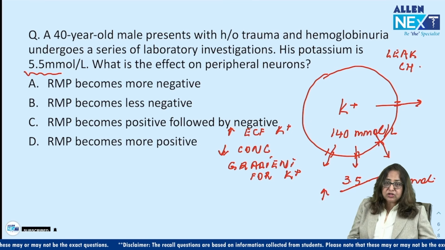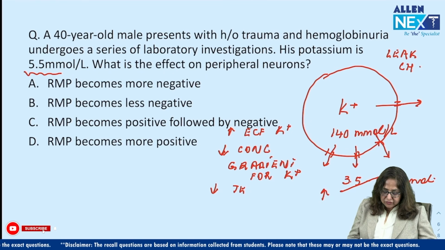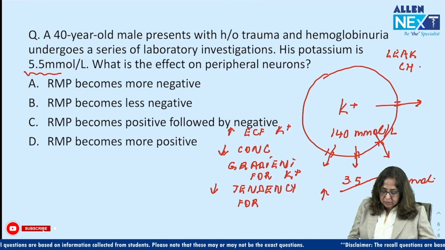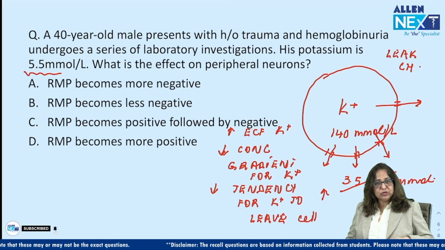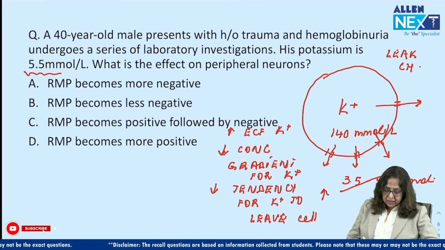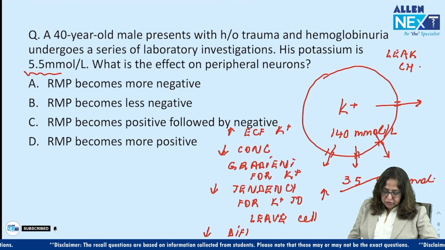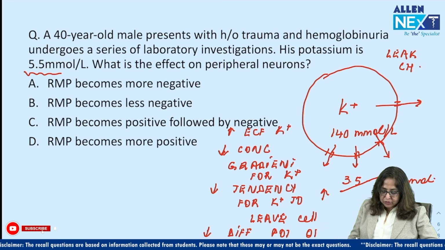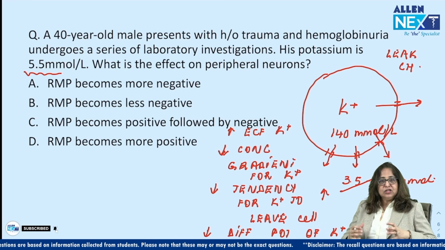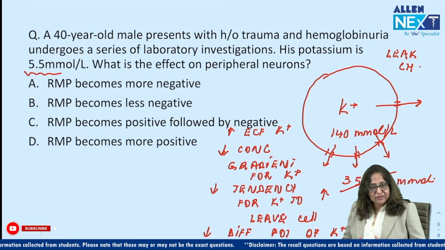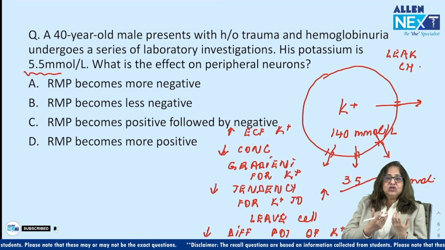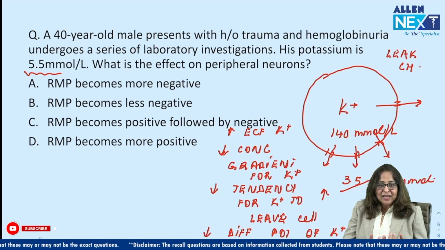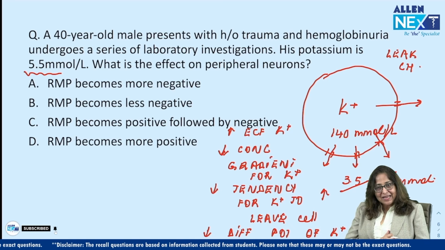A decrease in concentration gradient for potassium means there is now a decreased tendency for potassium to leave the cell. So there is a decrease in the diffusion potential of potassium, and more positive charges stay inside the cell.